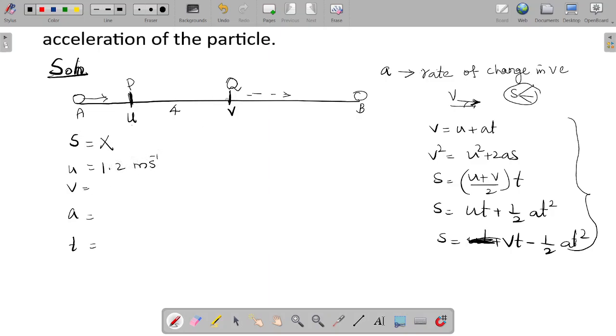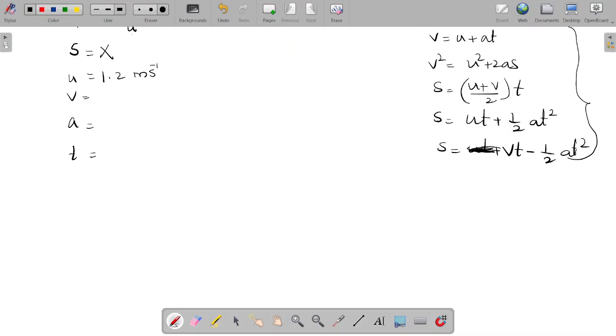The final velocity of the particle is given in the question, 7.6 meters per second. Acceleration we have to find. Time is 4 seconds. Here the data are given: u is given, v is given, t is given. We have to find a.